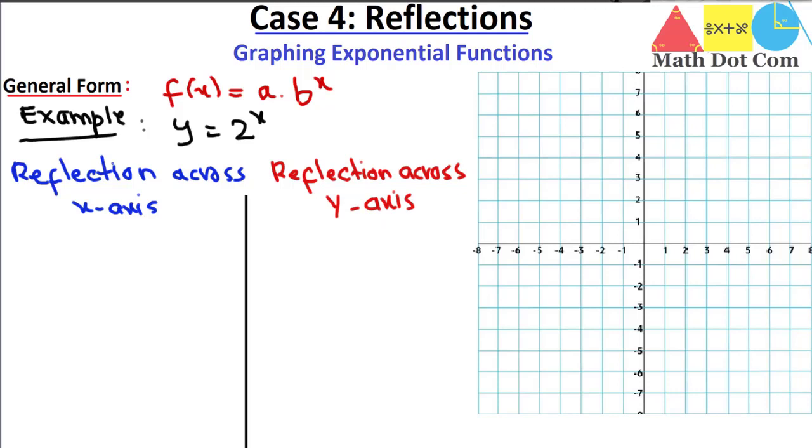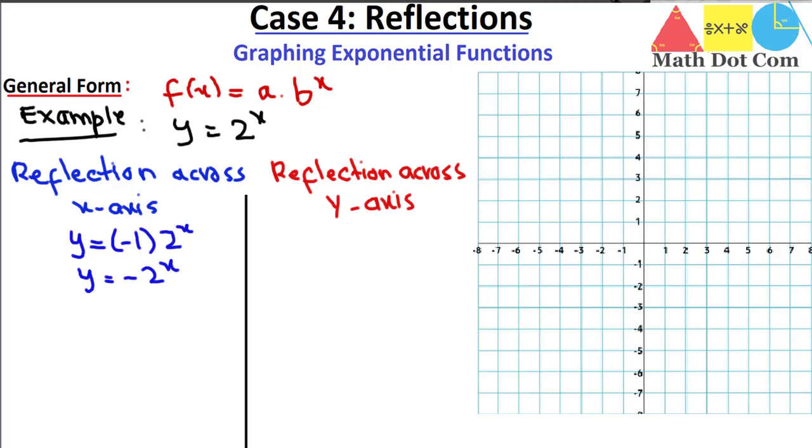For reflection across x-axis, we have to multiply the function y = 2 raised to power x with minus 1. So if I write here minus 1 multiplied by 2 raised to power x, what we will get is y = minus 2 raised to power x. This will be the reflection across x-axis.